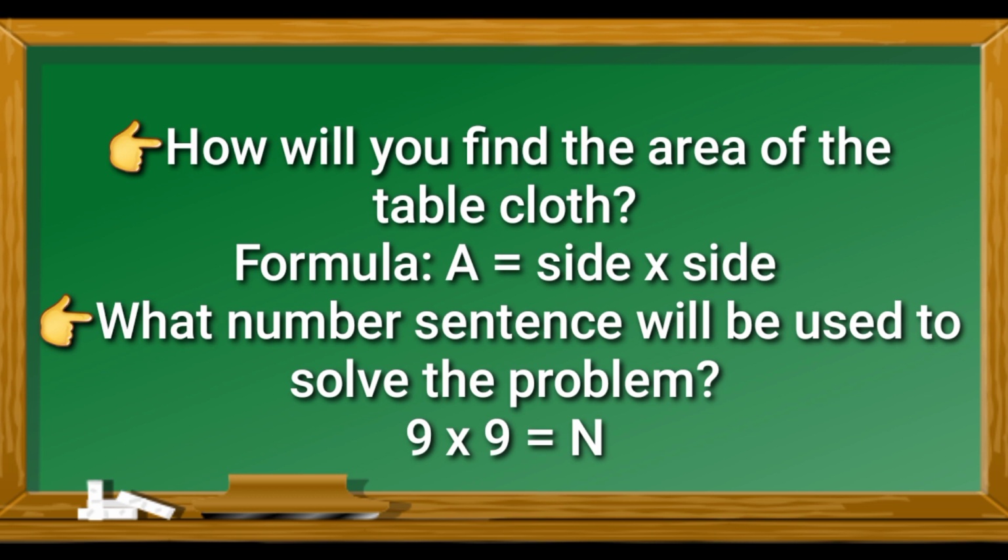What number sentence will be used to solve the problem? Again, the formula in finding the area of a square is area is equal to side times side. We're just going to substitute side by 9 decimeter since the measurement of the side of the tablecloth is 9 decimeter.